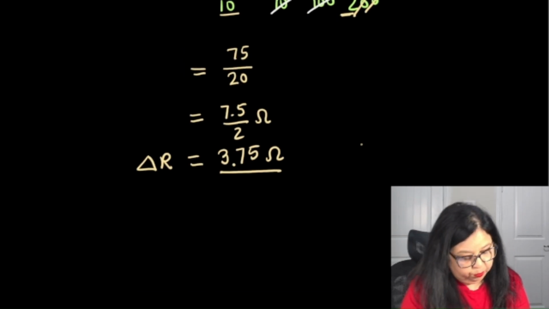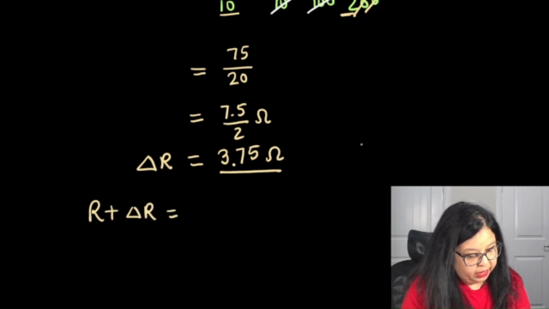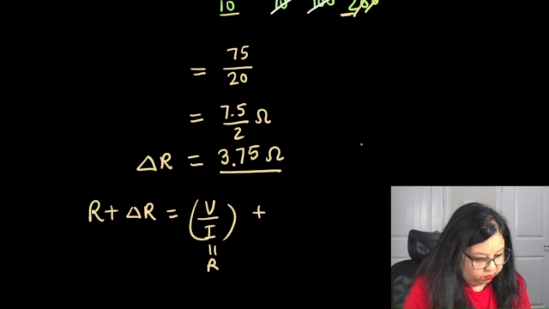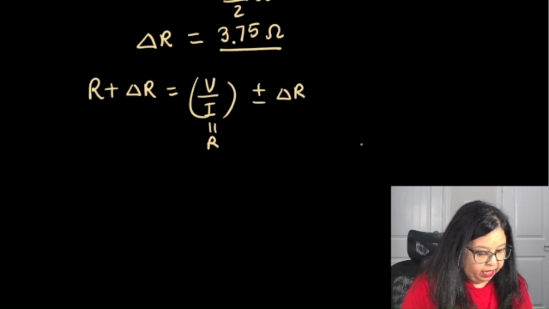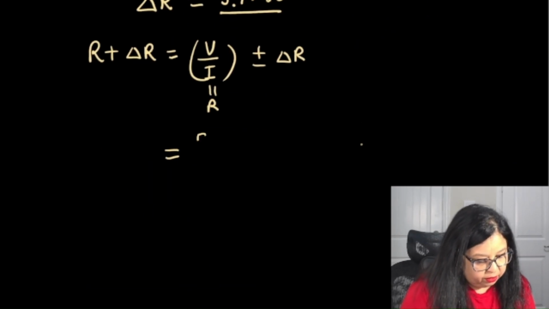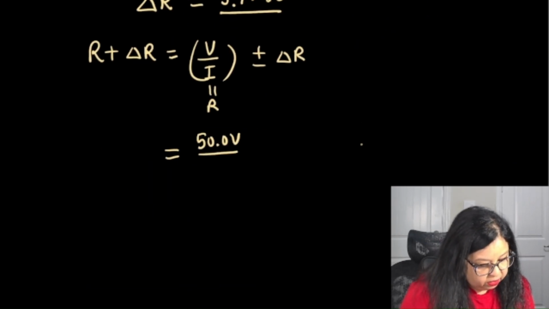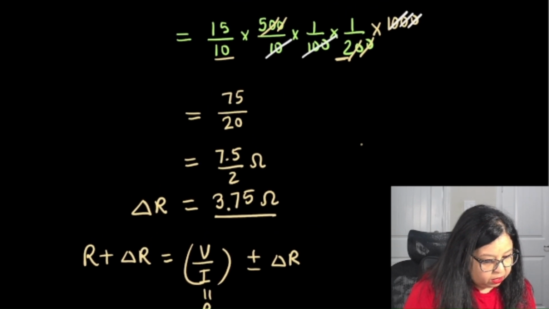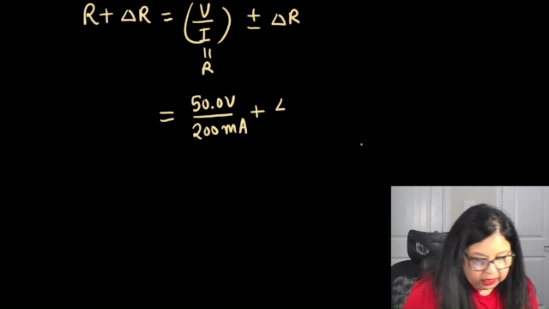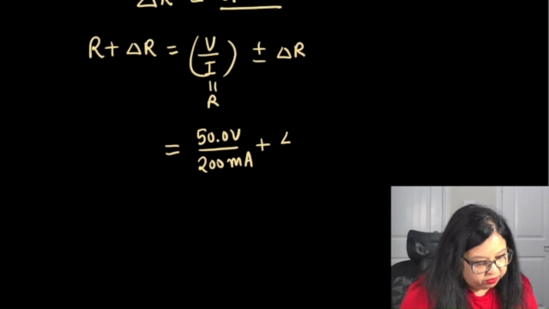So your answer would be, if you were to answer it in this form, V over I, which is equal to R plus minus delta R. And V is equal to 50.0 volts divided by 200 milliampere plus minus delta R. We just got delta R to be 3.75.